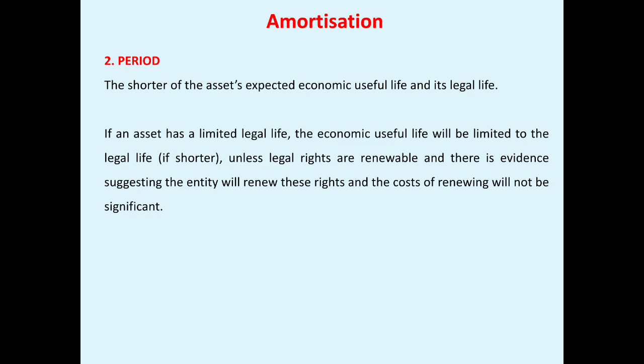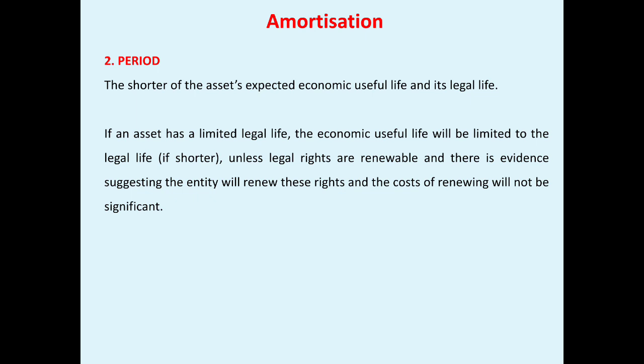So let's read. If an asset has a limited legal life, the economic useful life would be limited to the legal life if shorter. So basically, it'll be the legal life if the legal life is shorter. Now, very important: unless the legal rights are renewable and there's evidence that the entity will renew these rights, and renewing the rights will not be significant.